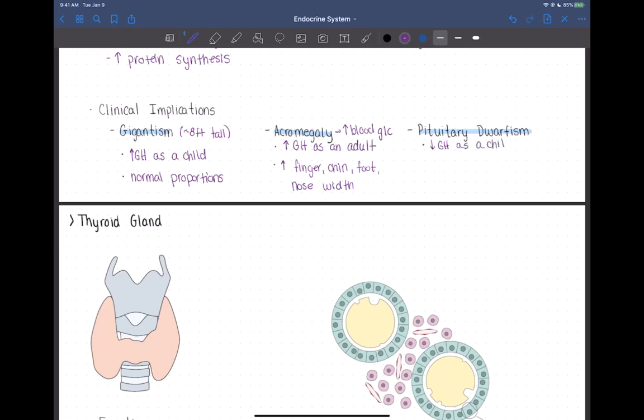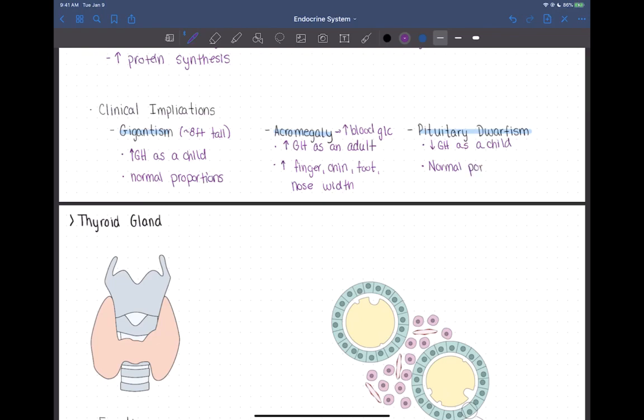Okay, so this is a form of dwarfism. There are multiple types of dwarfism. This is a form that is related to the hormones. And so they don't get enough growth hormone as a child. It is preventable if it's detected, and growth hormone can be given. This individual would also have normal proportions. They would just be short, so 4 foot or maybe shorter.